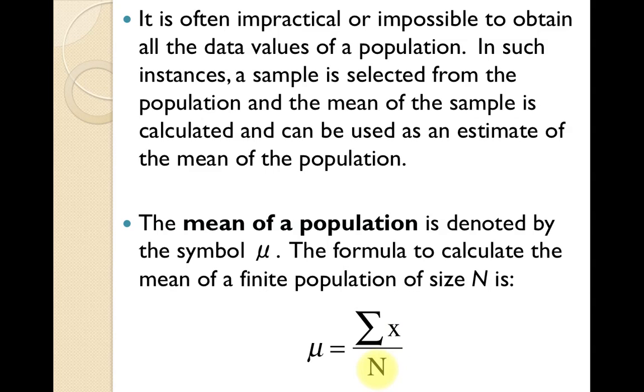So in both the mean of the sample and the mean of the population, the calculation is identical. Add up all the values and divide by however many values you have. It's just the notation that is different. You have to recognize that mu is used for a population while x bar is used for a sample.